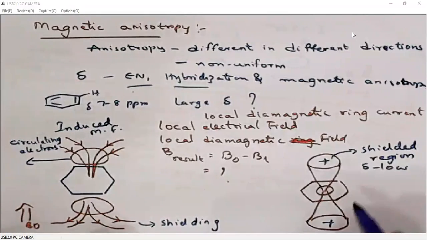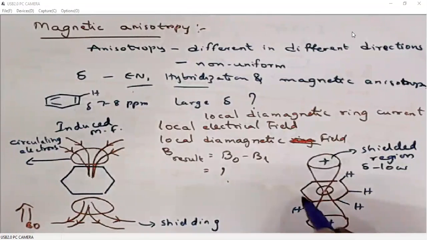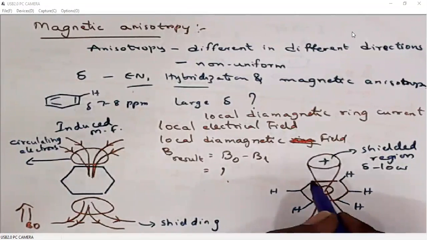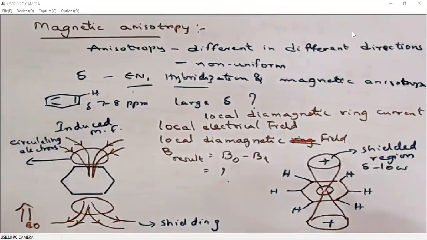But where are the protons on the benzene ring? The benzene ring protons are on the periphery of the ring, in the plane. So these protons are not in the shielded region. Remember, these protons are in the de-shielded region. For the shielded region I am using a positive sign, and for the de-shielded region a negative sign.